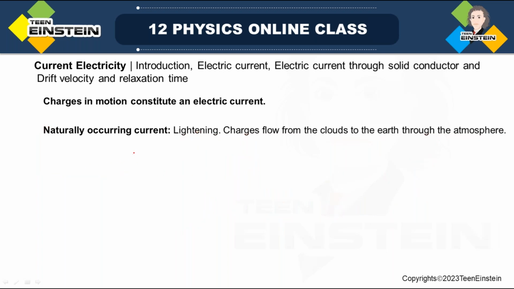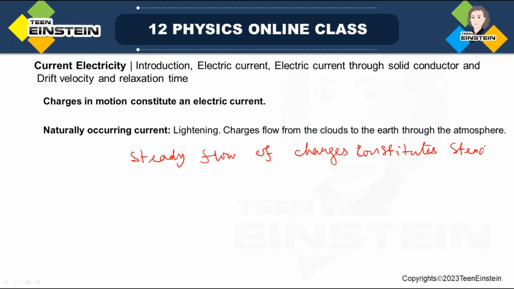So we have seen that steady flow of charges constitutes steady current, and that we see in electrical circuits, isn't it?